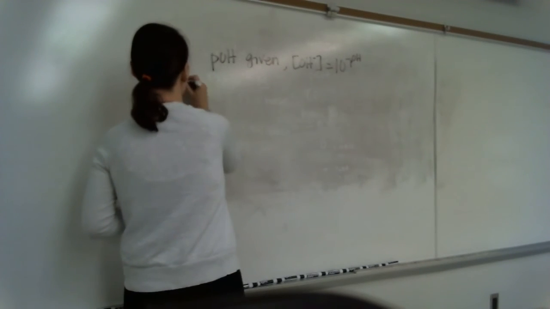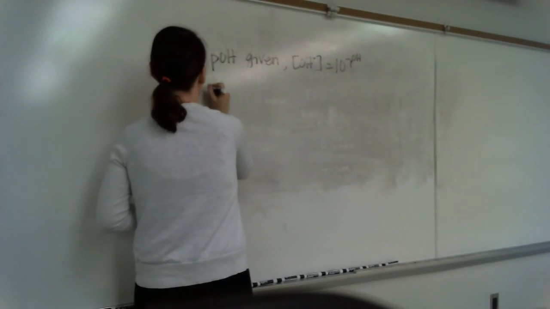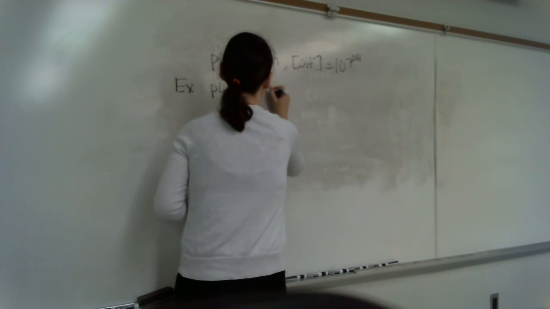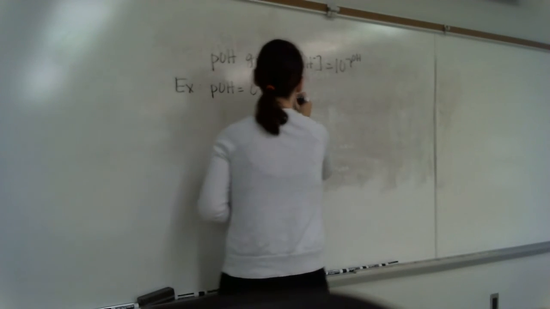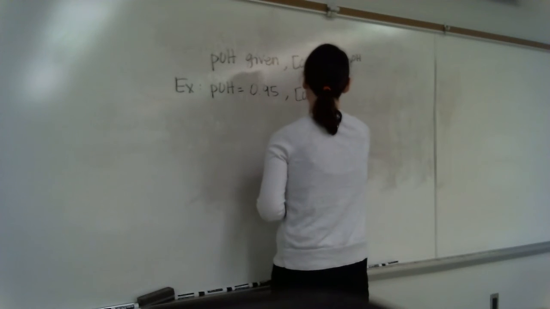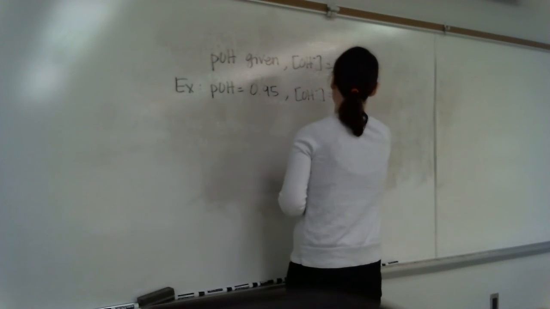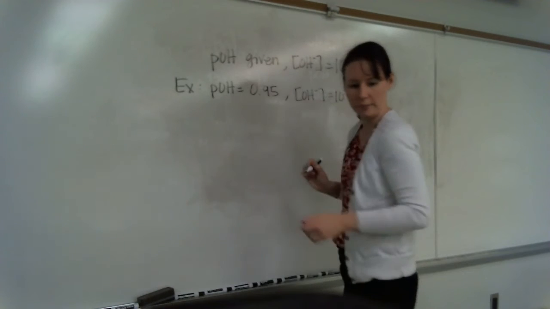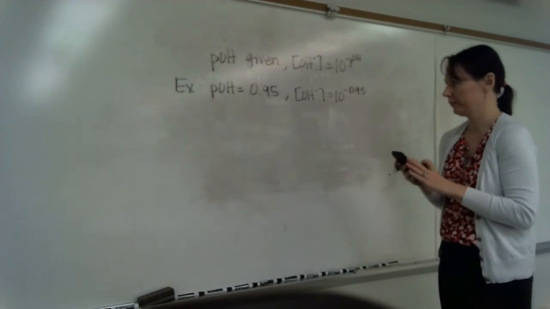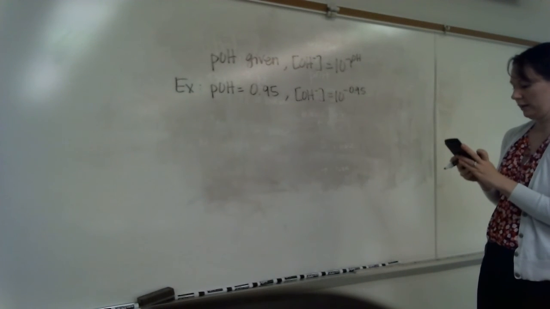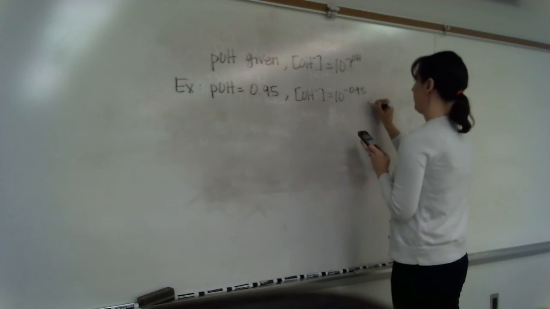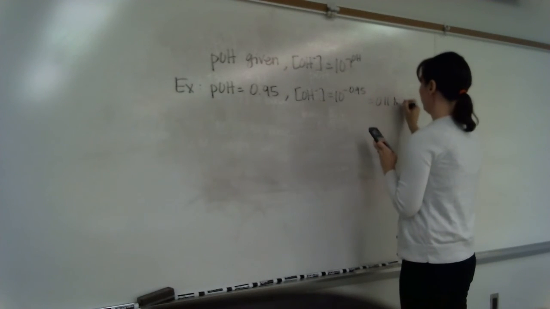So for example, pOH is equal to 0.95. The concentration of hydroxide ion is just 10 to the negative 0.95. So in your calculator, 0.95, negative, 10 to the x. So that would be 0.11 moles per liter.